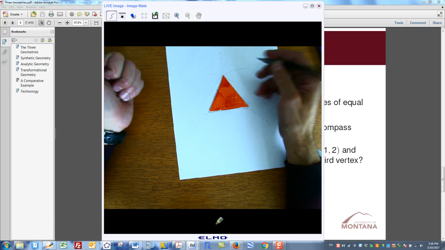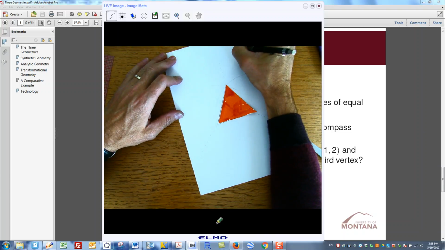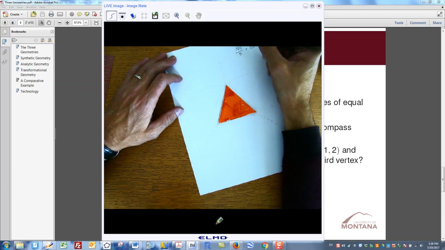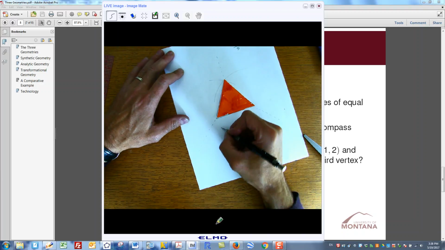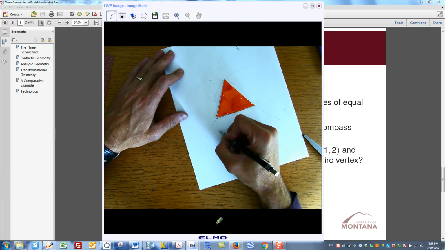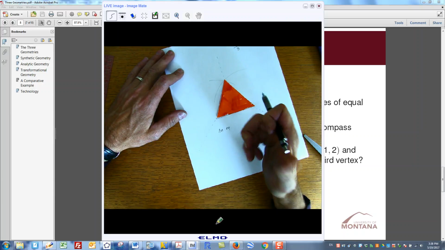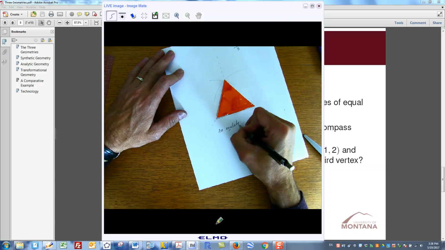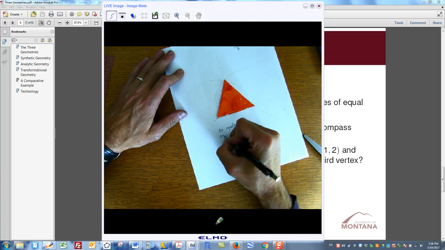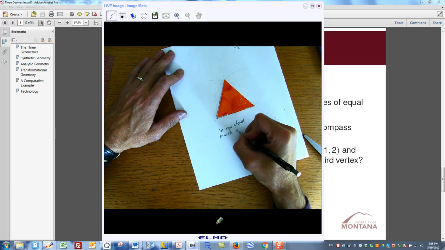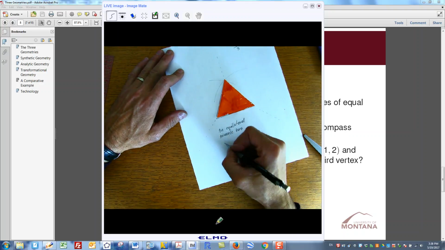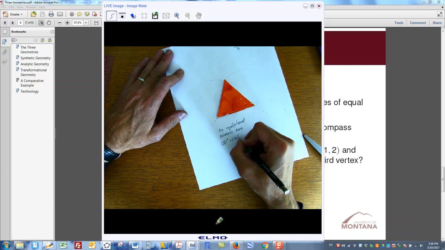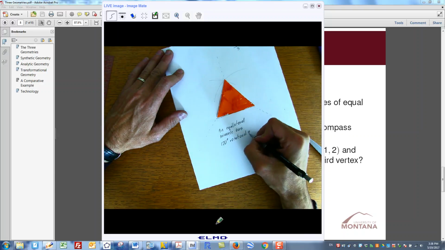So it appears that if I take 360 and divide it by 3 to get 120 degrees, then an equilateral triangle certainly has 120 degree rotational symmetry.